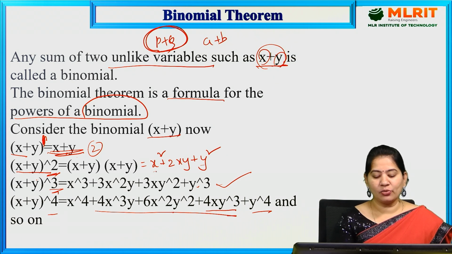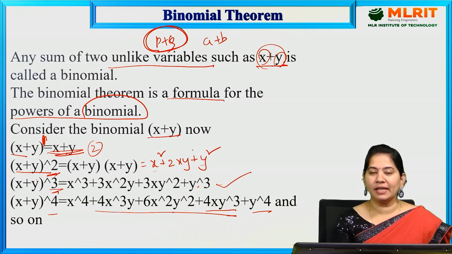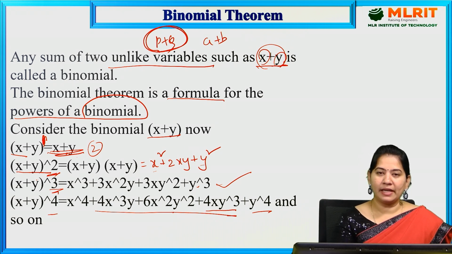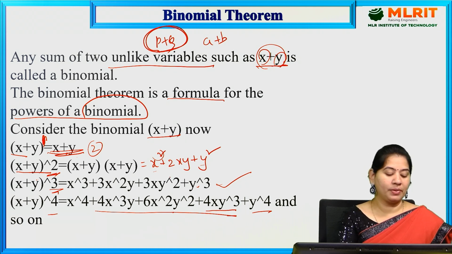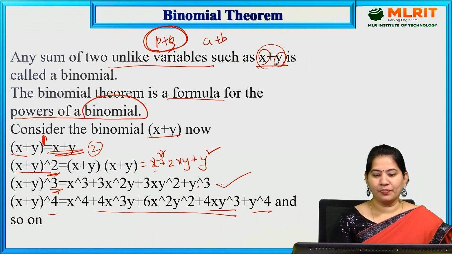So here x square, next we have x power 1, and then x power 0. If nothing is there, we can consider it as x power 0. Like that, the power of x in the expansion is always equal to the power of the binomial, and it reduces by 1 in the next terms. The same thing is applicable for y also.